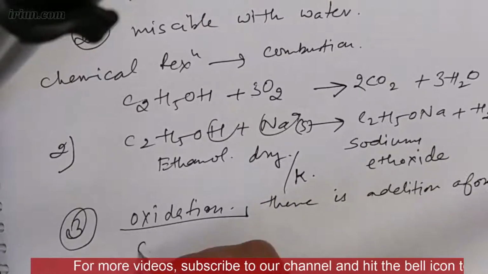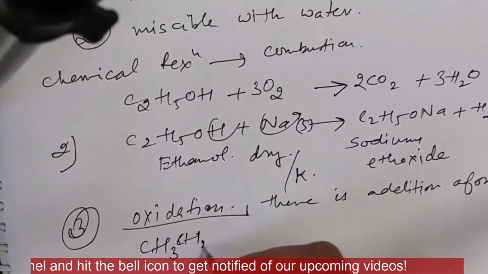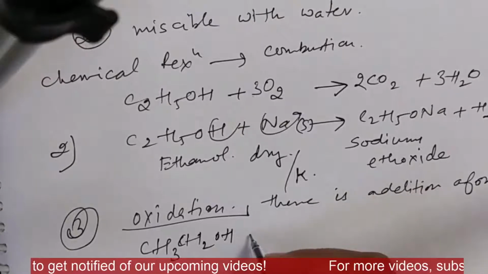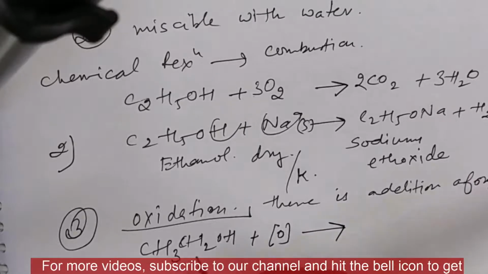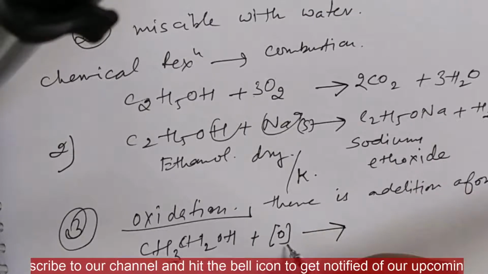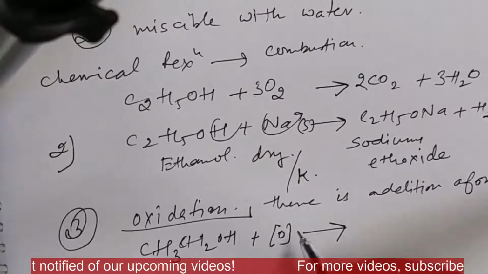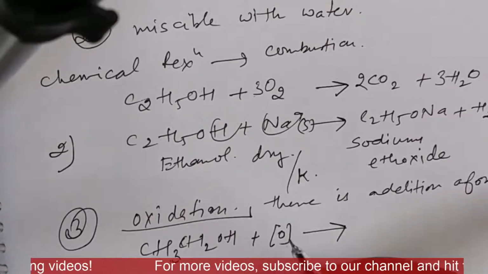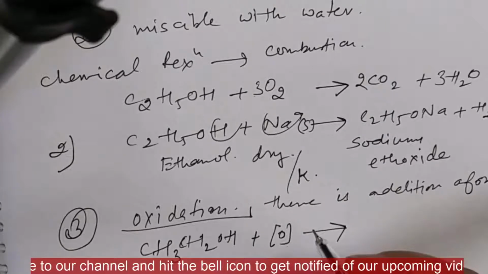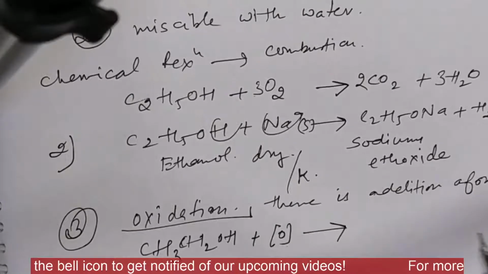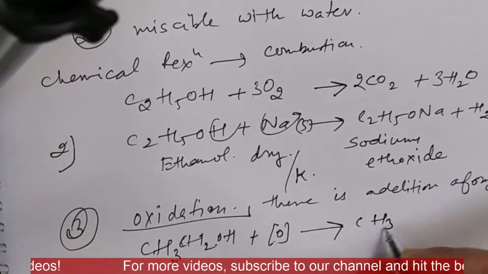Suppose, as we are discussing the example of ethanol, when you add nascent oxygen to ethanol, and this nascent or atomic oxygen comes from strong oxidizing agents like alkaline KMnO4, which is also called Bayer's reagent, then ethanoic acid is formed. Simply you add oxygen to ethanol, and ethanoic acid is formed here.